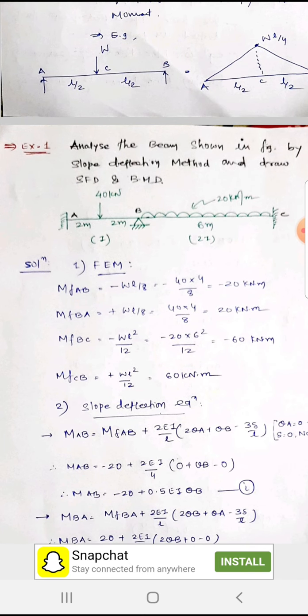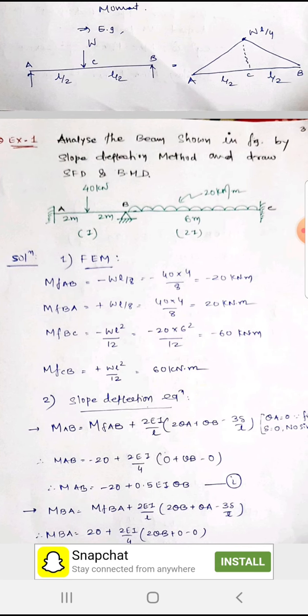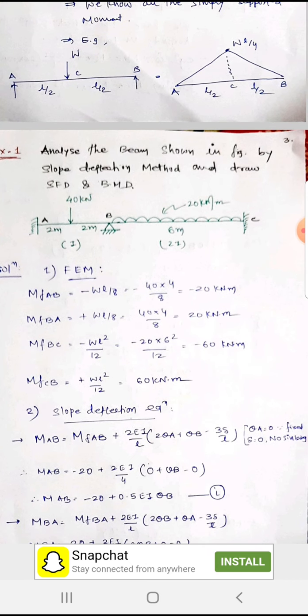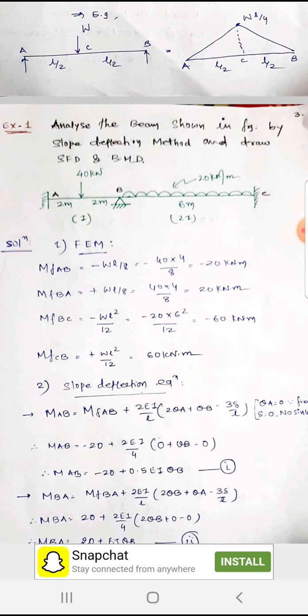AB span has a point load 40 kN, acting at the mid point of the AB span, and in BC span there is UDL 20 kN per meter and the span is 6 meter.